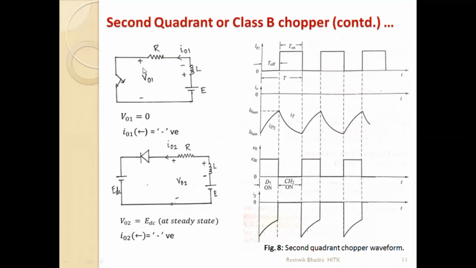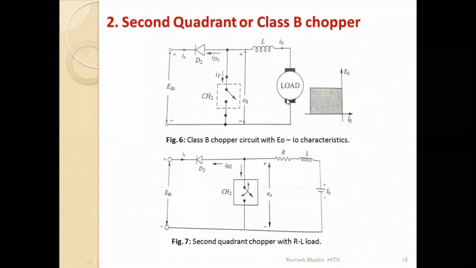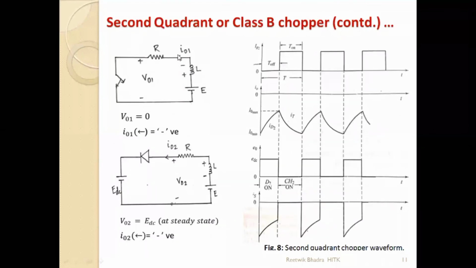So remember that whenever the load is connected across a diode or switch, at steady state this value will be 0. So V01 is equal to 0 at steady state. Now the current I01 and the I0 direction are opposite. This is flowing into the load and this is flowing out of the load. So I01 will be treated as negative.